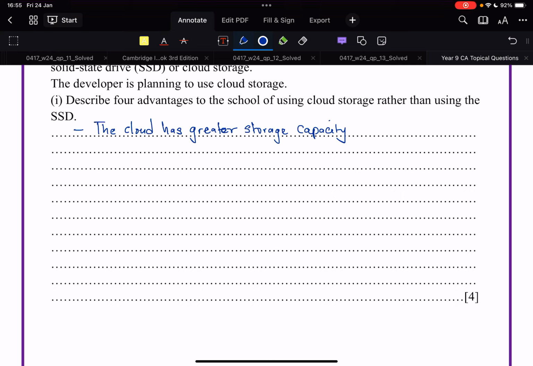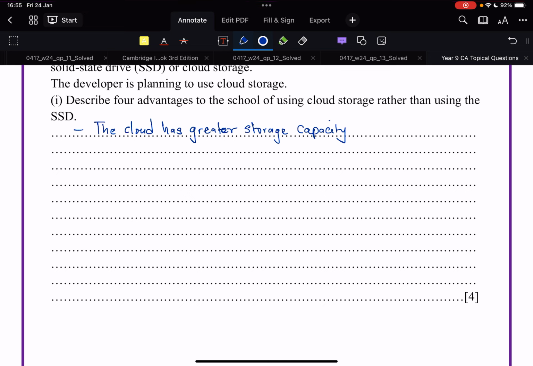Now, instead of having to buy multiple SSDs to store your files, you can just as easily upgrade, and you don't have to bother about whether you're going to get this or not.